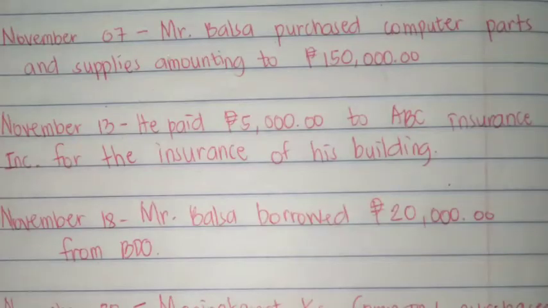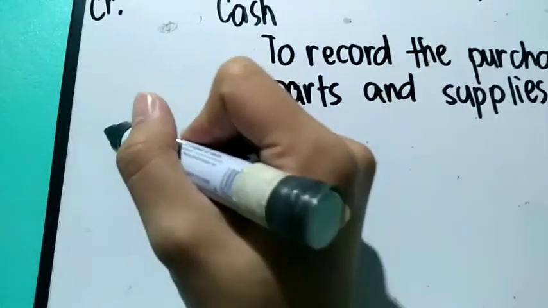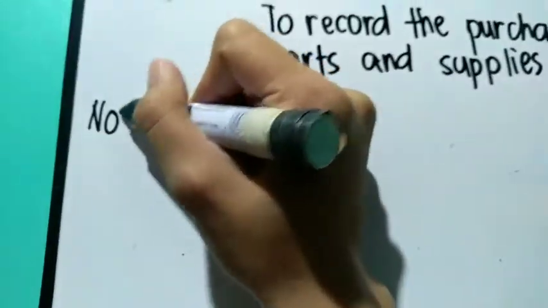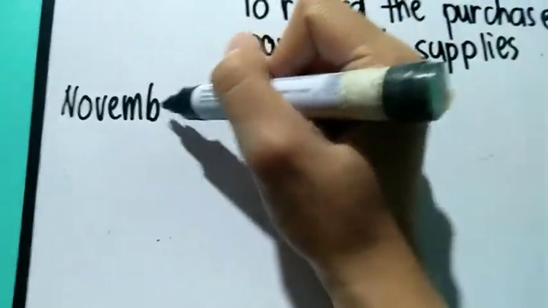All right, so now let's go to the third transaction, which is in November 13. He paid 5,000 pesos to ABC Insurance Incorporated for the insurance of his building. Now, let's journalize the transaction. So here we have November 13.